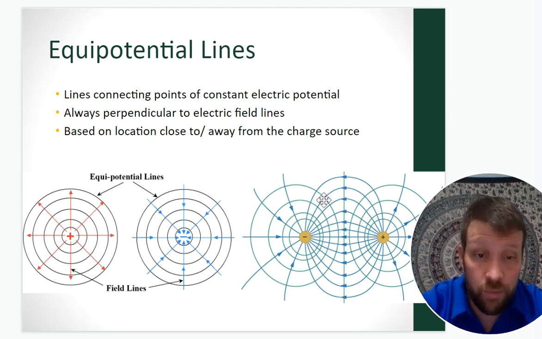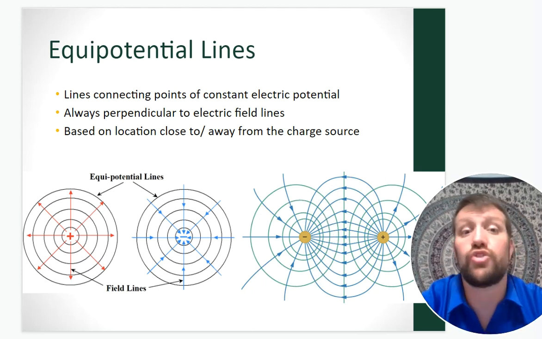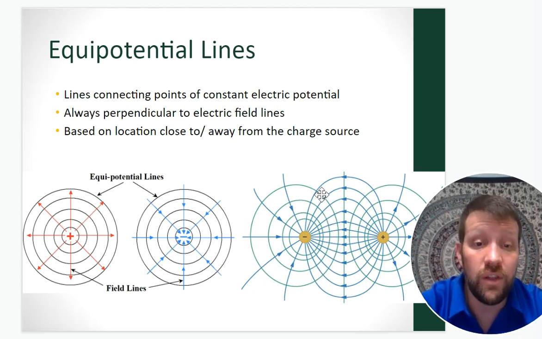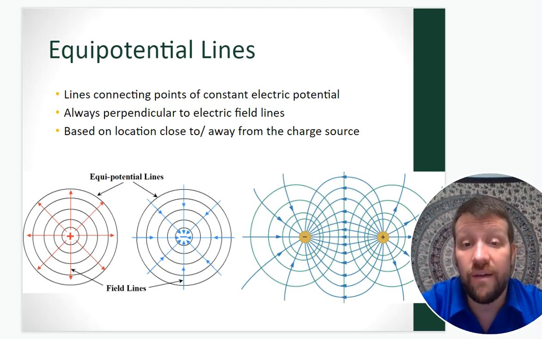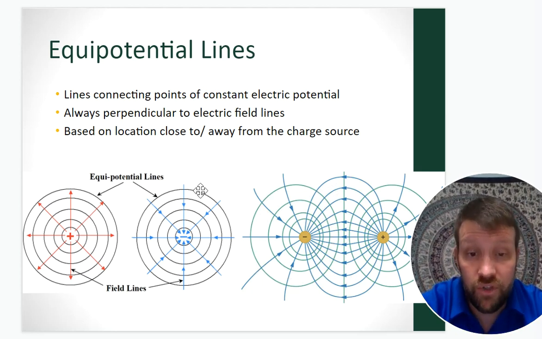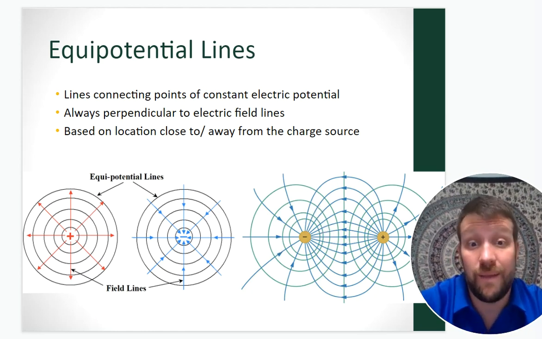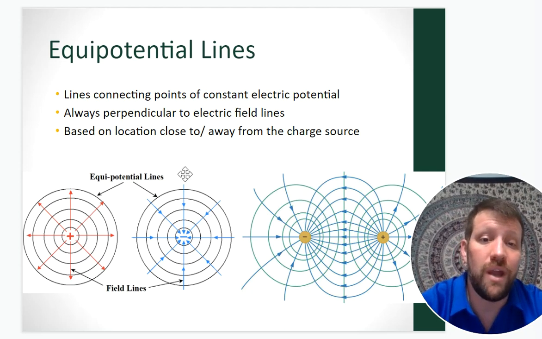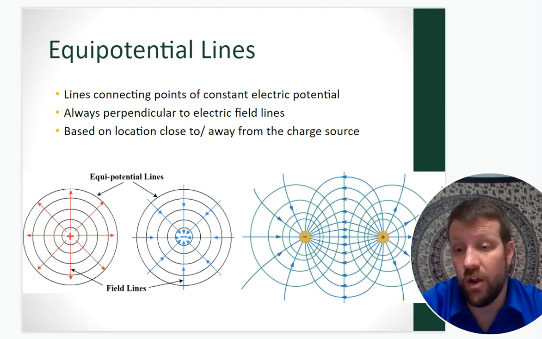What's important is these equipotential lines, these circular lines. Think of them like lines on a topographic map, all right? Everything along those is going to have that same electric potential. They will be perpendicular to the electric field lines because they have to be in order to be of the same value. And so it's going to be based on how close to or far away from the source they are.